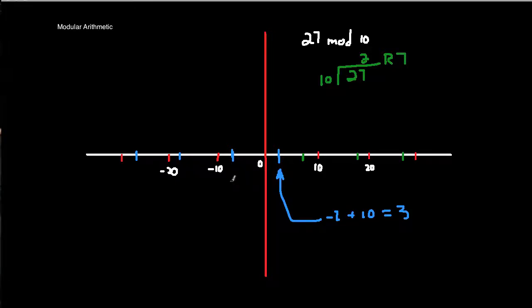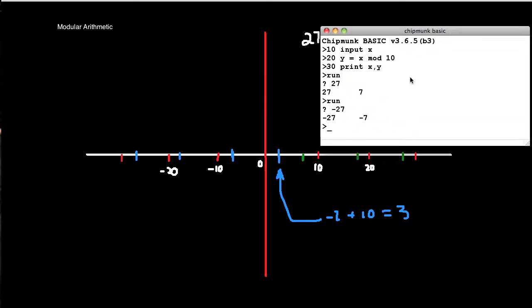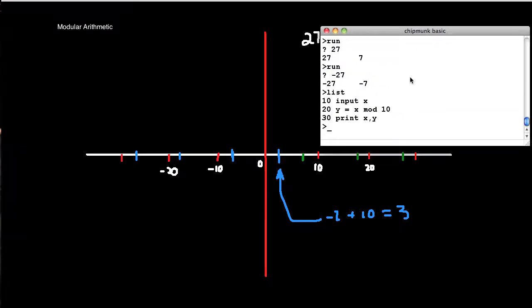So how am I going to get that out of this basic modulo operation? Well, one thing I can do is add a statement that checks to see if y is negative. Let me add statement 25. Here's our basic program. Let me list it so we can see what I'm working with. Now I'm going to add statement 25.